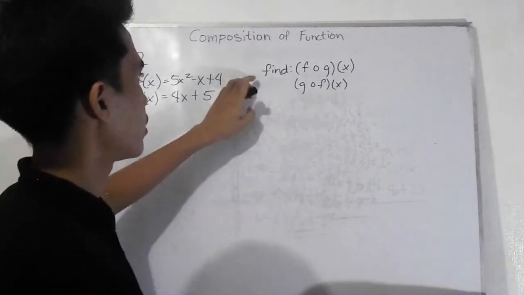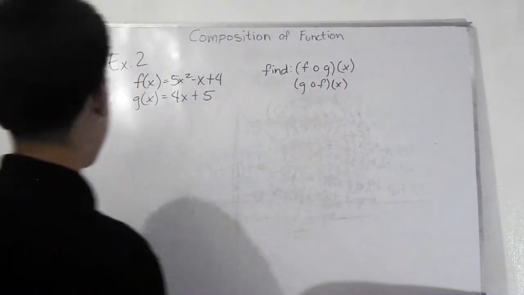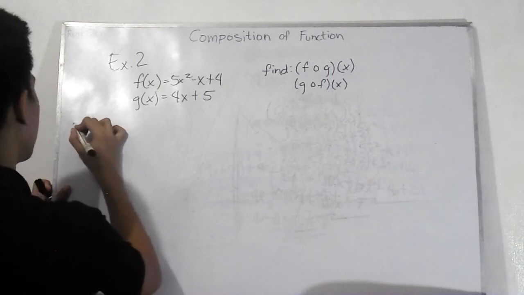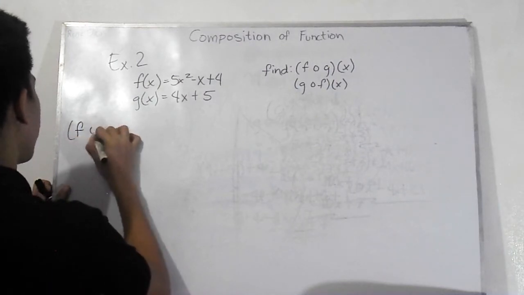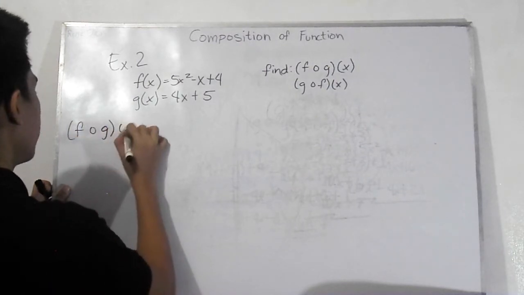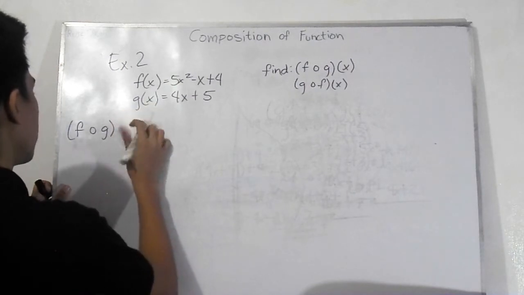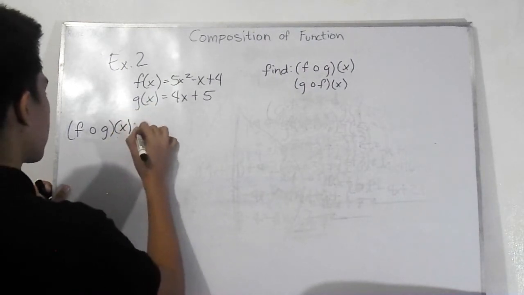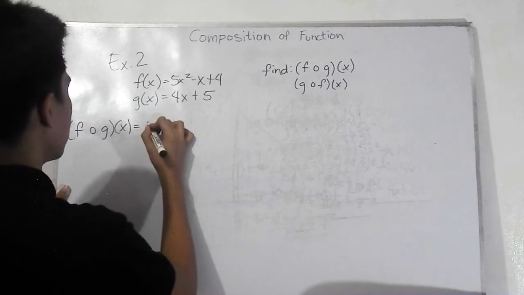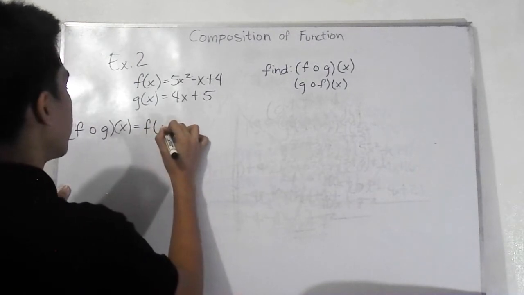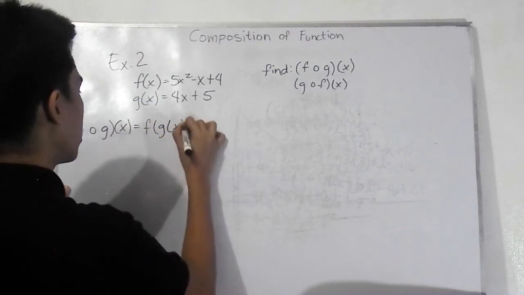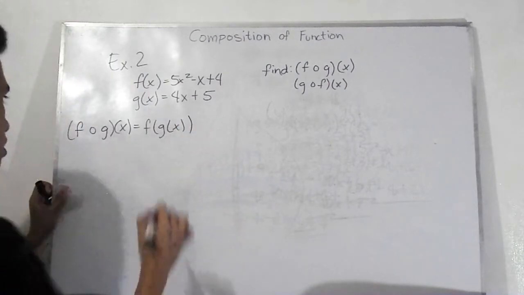First, we need to find this. So f composition of g of x is equal to f of g of x.